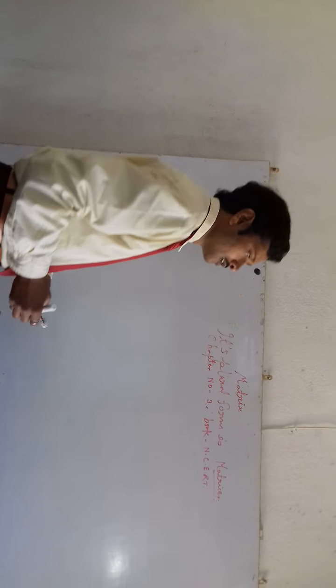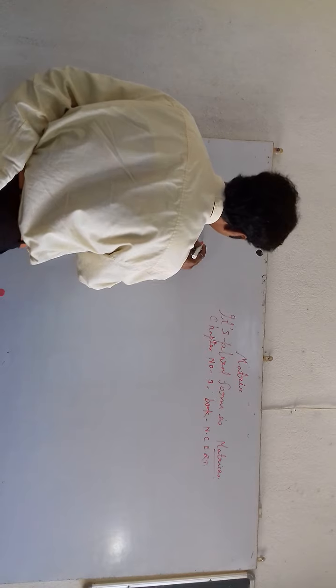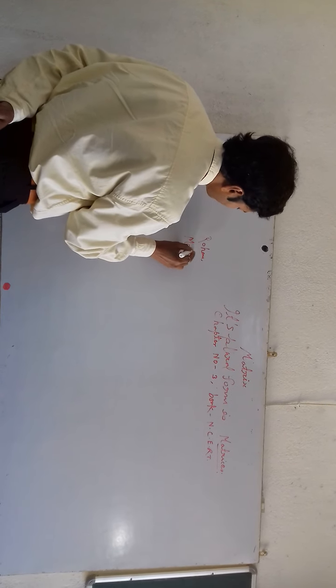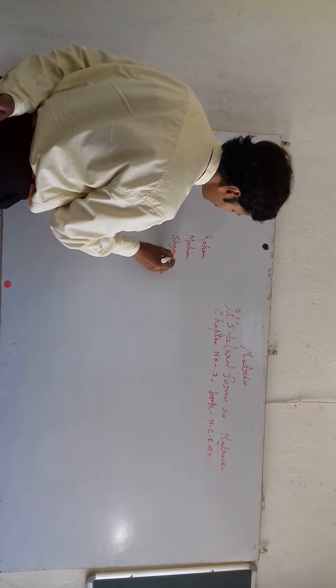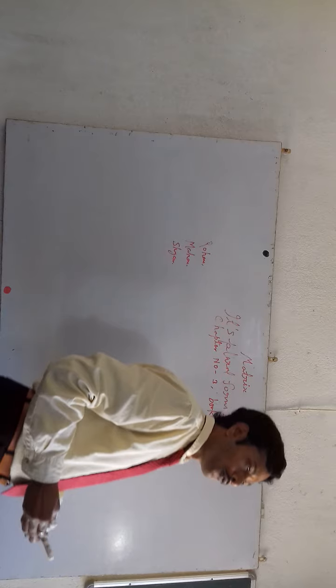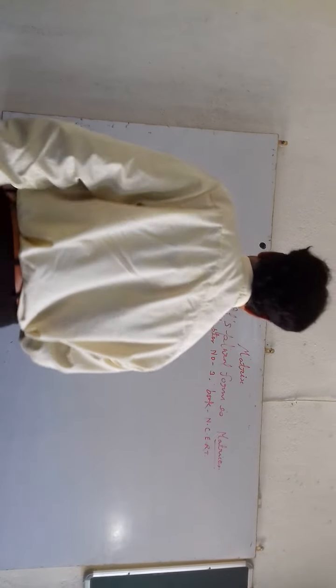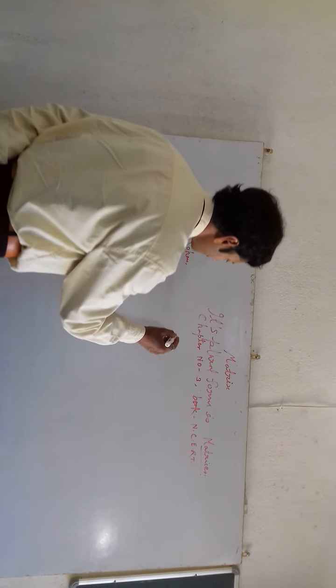Suppose there are three friends. Their names are Rohan, Mohan and Shyam. They went to the market and bought some books, pencils and erasers like this.